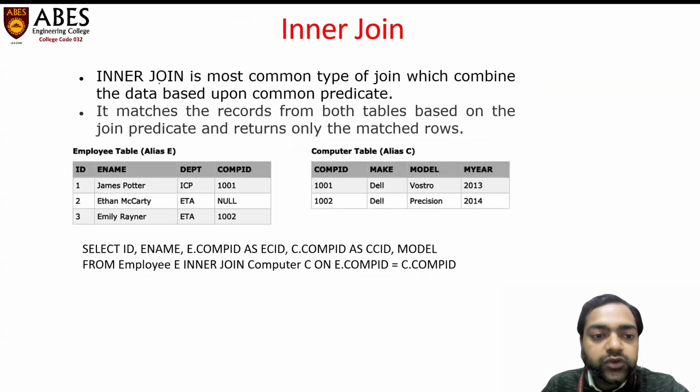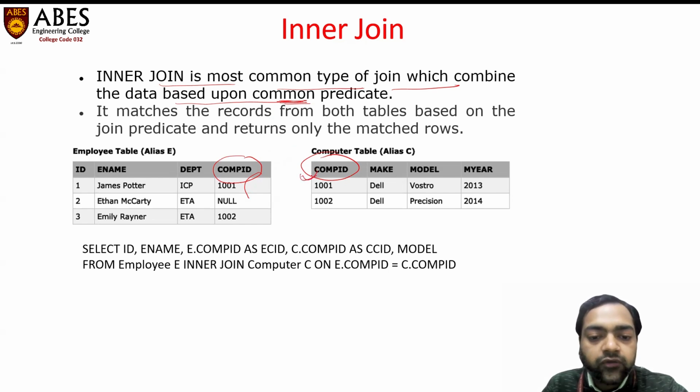So basically inner join is the most common type of join, which combines the data based upon a common predicate. Common predicate means that we need at least one common attribute in both the tables. Basically we have to create a foreign key concept to relate the two tables.